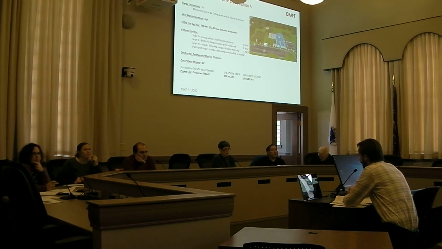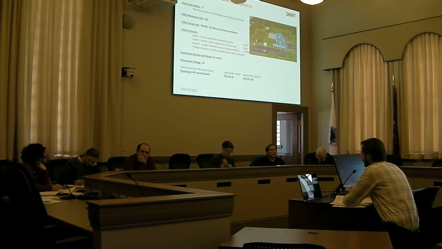We've also itemized the carbon emissions. I don't think we talked about this last time very much, which are broken into 3 different scopes, scope 1, 2, and 3. Scope 1 are those carbon emissions directly released by the building system. So if you had a fossil fuel burning building, you would see scope 1 emissions.